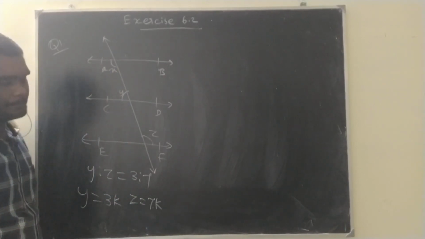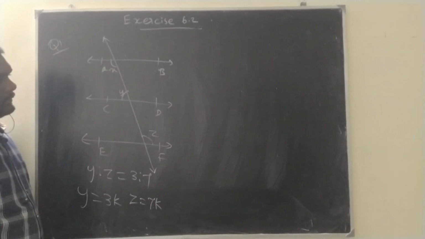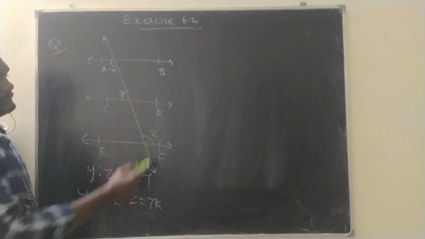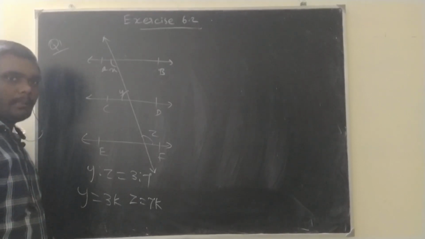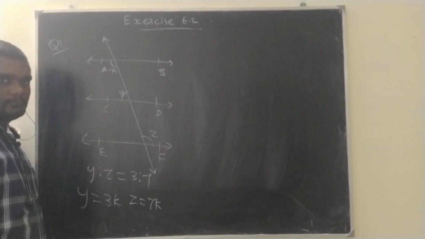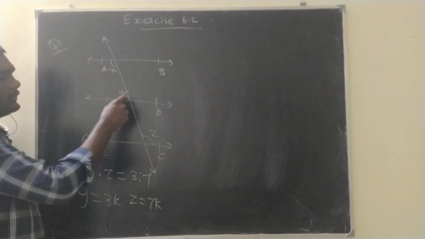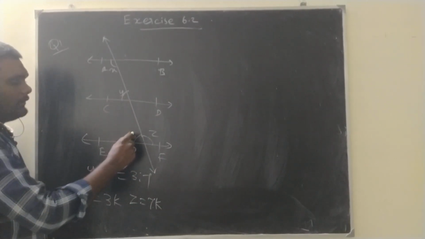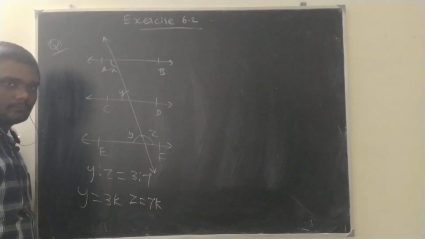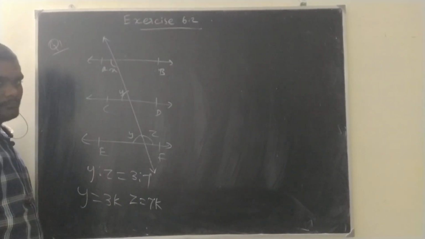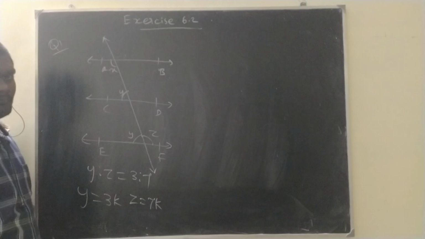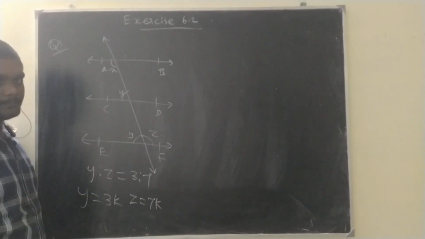3k, 7k. Now this y and z shares what property? No property. So this y and this angle are equal, shall we say? Because they are corresponding angles. That is how you will write the proof part, right?